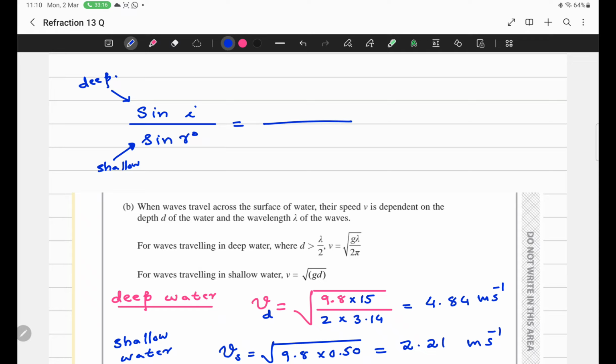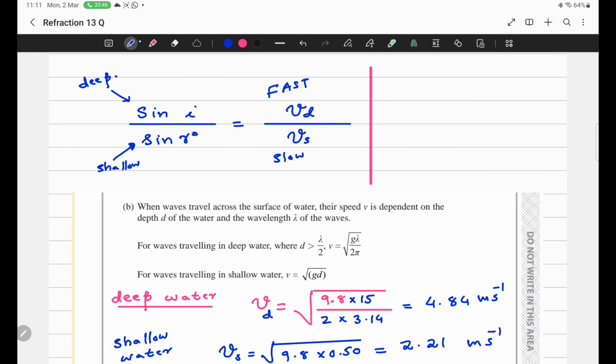It is equal to the speed of water wave in deep water divided by the speed in shallow water, because in deep water the speed is fastest and in shallow water the speed is slowest. Now we are putting values.